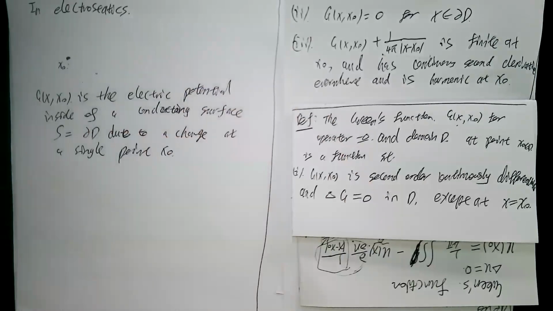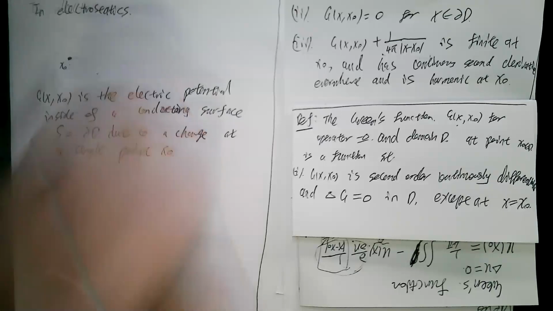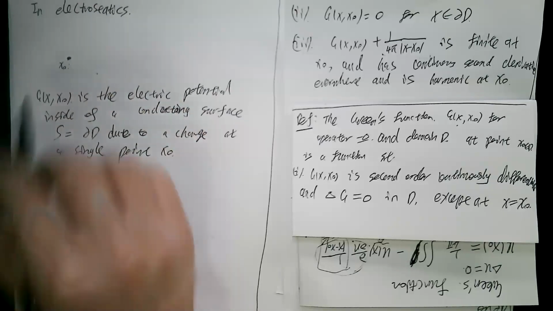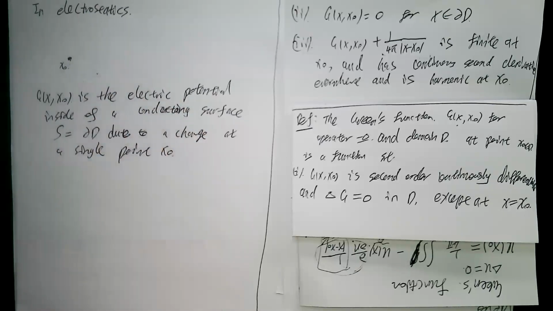So it does have physical meaning. It is the electric potential, which is why at x0, if you put an electron here and study the electric potential at this point, it's actually infinity. Also in 2D and 3D, you have different kinds of decay of this electric potential.